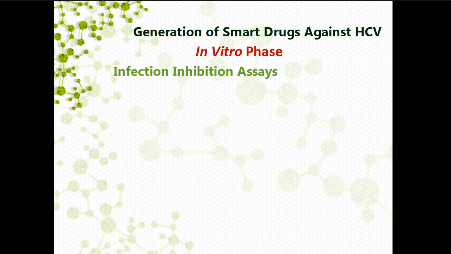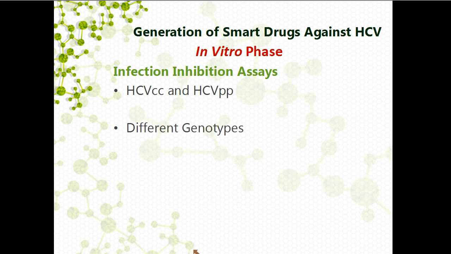Okay, so after doing the preliminary experimental validation, we could move a step forward and do the HCV infection inhibition assay using the HCV cell culture and pseudoparticles. And of course, if we want to see the effect of the drug on different HCV genotypes, we could use that as well in order to determine which genotypes the drug affects.